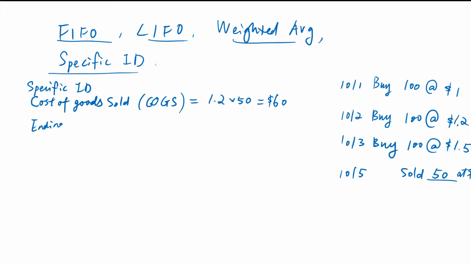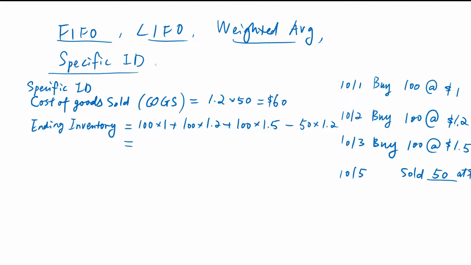Ending inventory. So if you take a look at how much is left, well, you had 100 of them at $1, plus 100 of them at $1.20, plus 100 of them at $1.50, minus what you sold, 50 times $1.20.